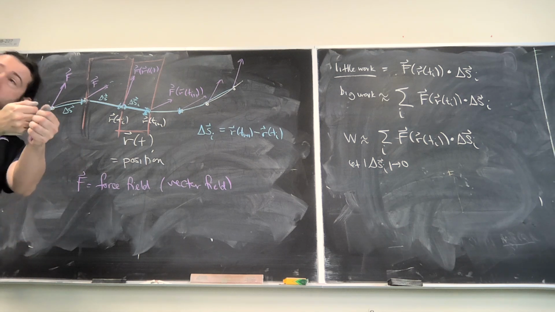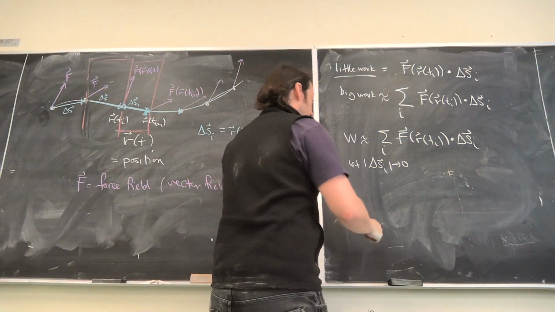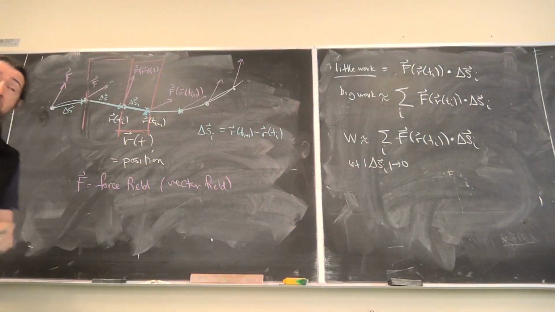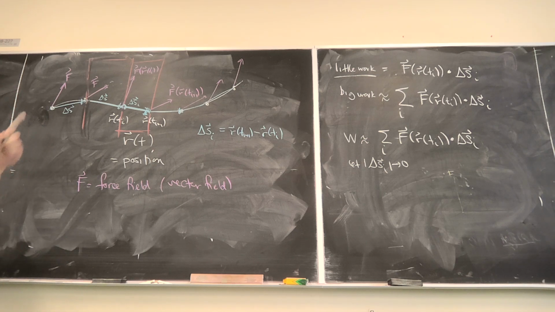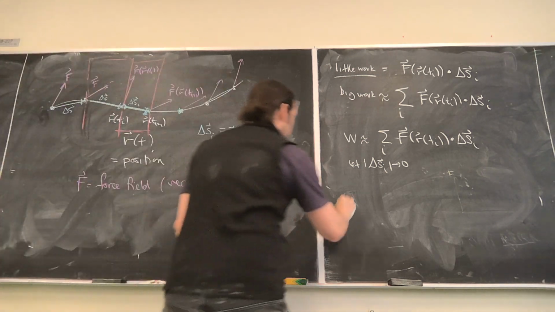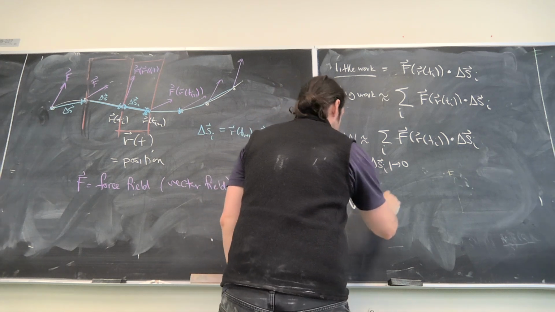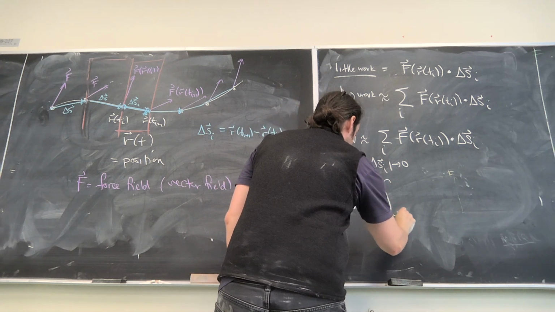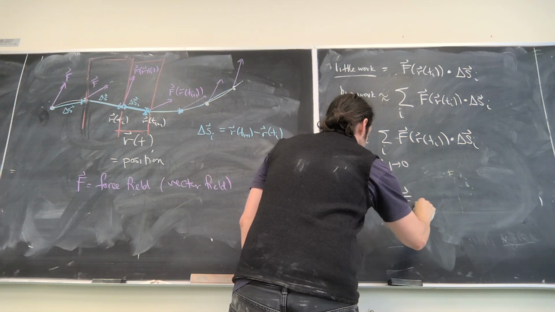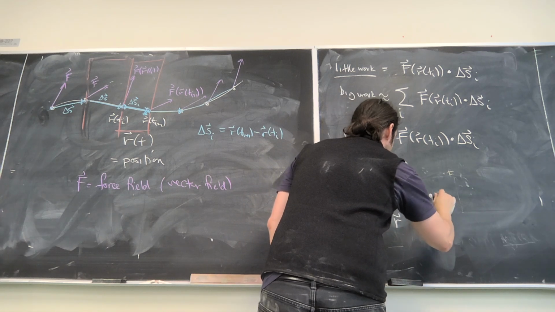As I make the vectors shorter, we get what we want to be our definition. So we are taking this as a physically motivated definition. Work, this is a definition, is equal to the integral over the curve of the vector field dotted with dS.